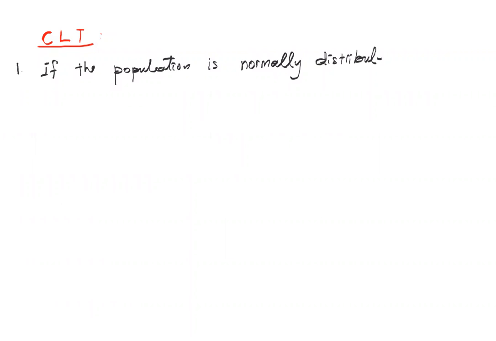Okay, my central limit theorem, the first thing is I want to say, if the population is normally distributed, like for example, we talk about naturally occurring things, definitely is normally distributed, correct?